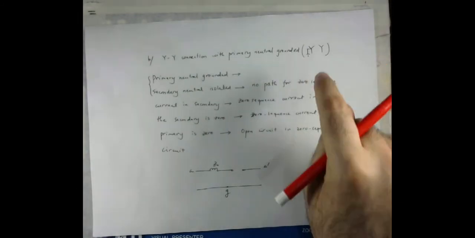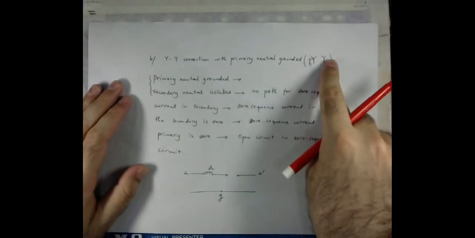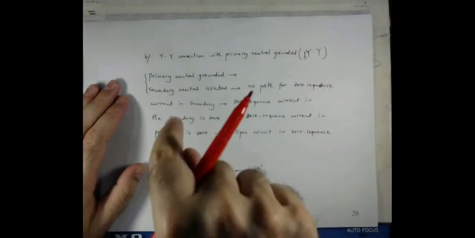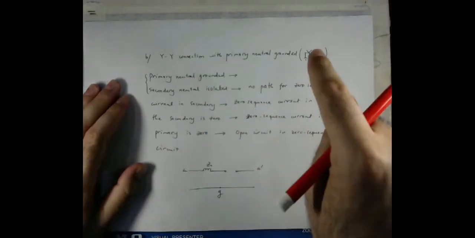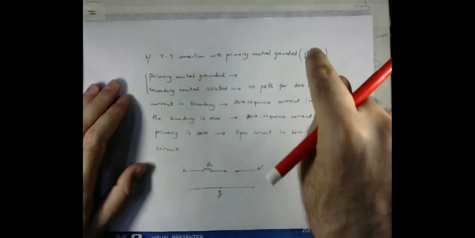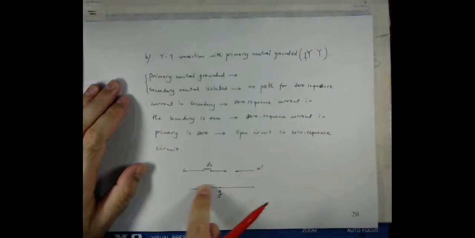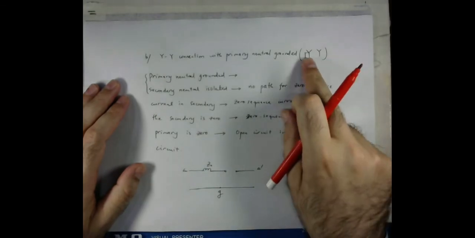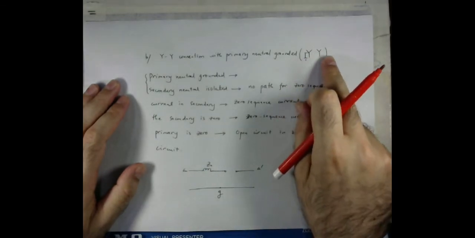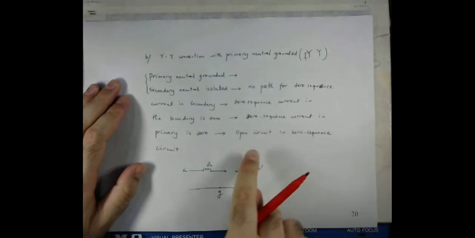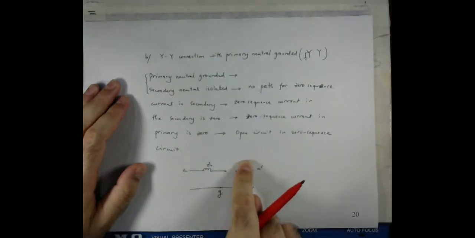In this case, because the secondary side is not connected to the ground, there will be no zero sequence current on the secondary side, and correspondingly, because it's a transformer, there will also be no path for the zero sequence current on the primary side, so the circuit is open. Meaning there will be no zero sequence current in this particular case where both the primary and secondary side are Y connected and the secondary side Y is not grounded, so the zero sequence network is open.